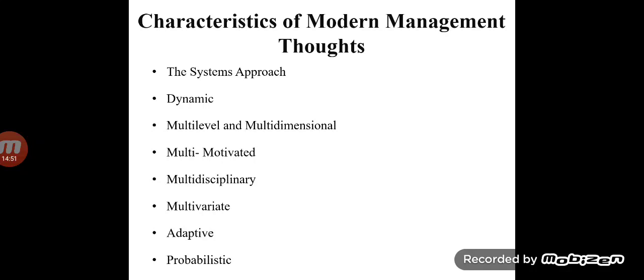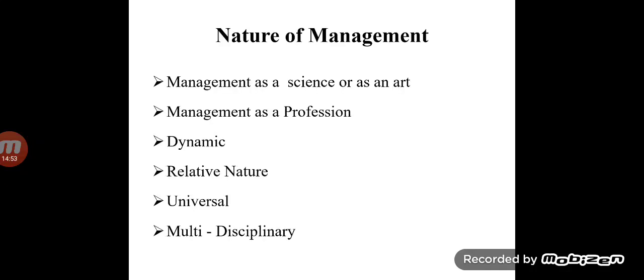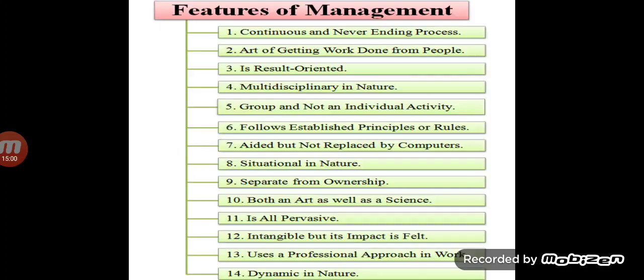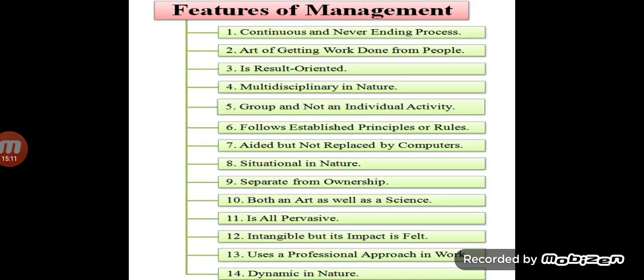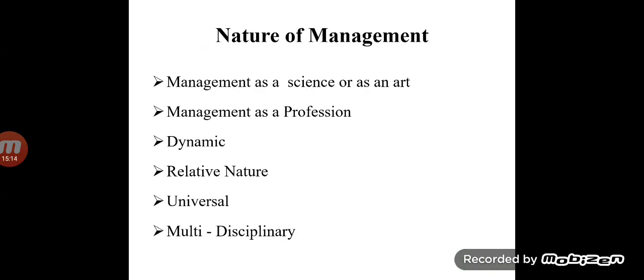properly. Okay, next point, nature of management, or in simple words the characteristics of management. Whatever points we have learned, we can write down here also, but in your reference book they have given a separate point. There is no vast difference between the features of management and the nature of management. Both points are the same. It is a repetitive point for you, so do not worry about this.